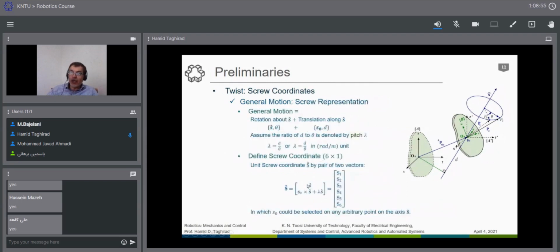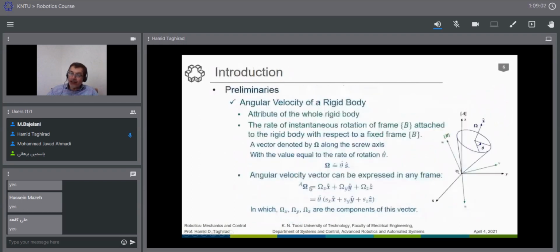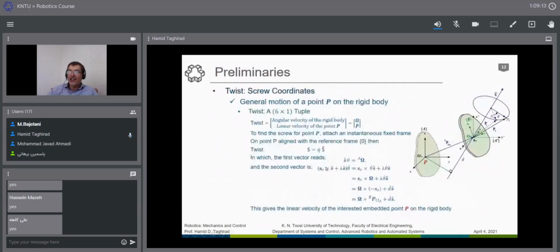If we have q dot times S hat, by the definition of angular velocity from the first slide, q dot times S hat gives you the omega, the angular velocity of the rigid body. So the first part is quite simple. S hat times theta dot gives you the omega of frame B, or of the moving platform, with respect to frame A.